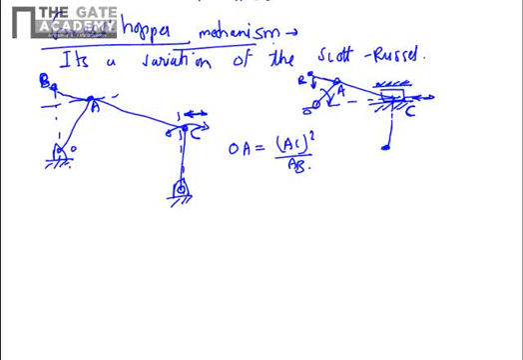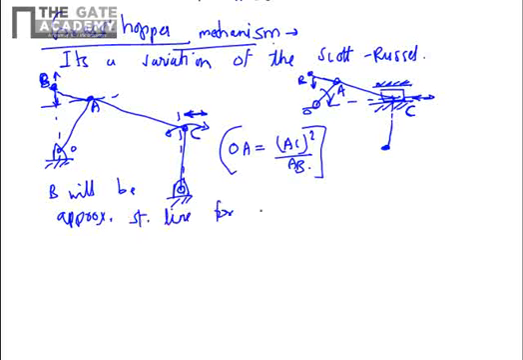So if you fix the lengths in such a fashion that this condition is satisfied, then the motion of the point P will be an approximate straight line for a limited range. So it is also quite a generic mechanism. You don't have any special properties here. It's a simple 4-bar chain, and the motion of B is an approximate straight line.